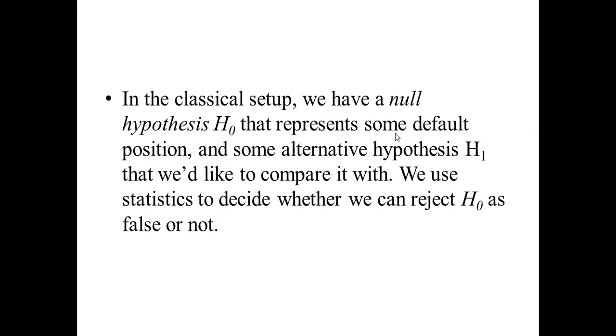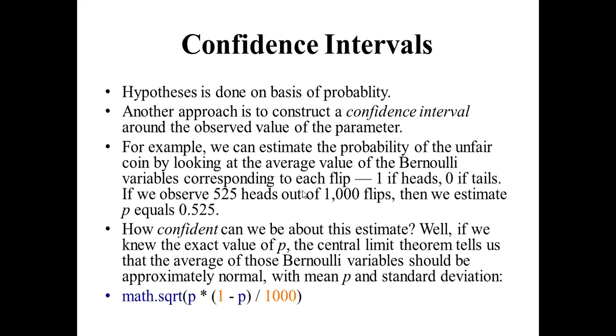Null hypothesis means that I'm not making any guess, and in H1 I'm making some hypothesis, another alternative, like this might happen, this may not happen. In such cases, we compare these and use statistics to decide whether the hypothesis we are guessing is likely to happen or not. So that is statistical hypothesis testing.